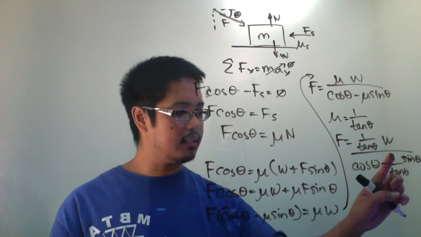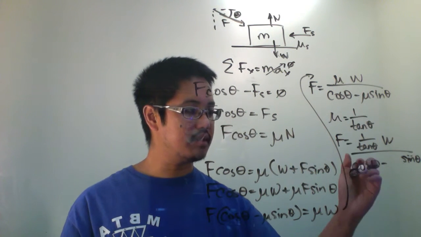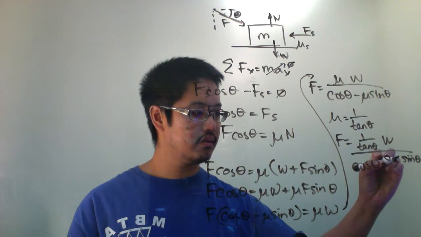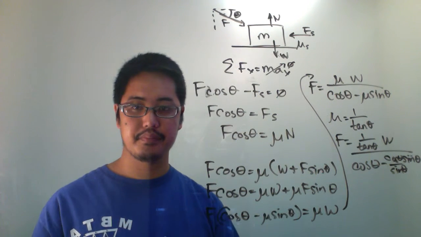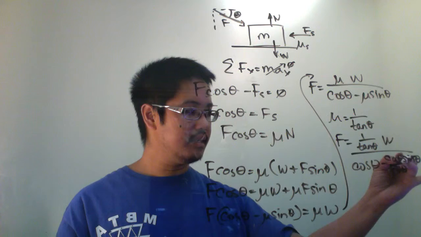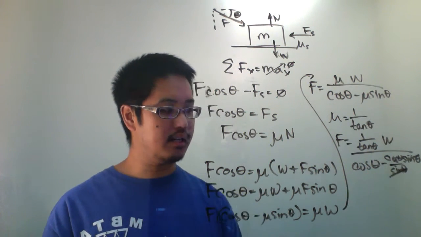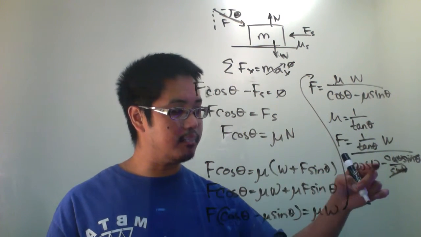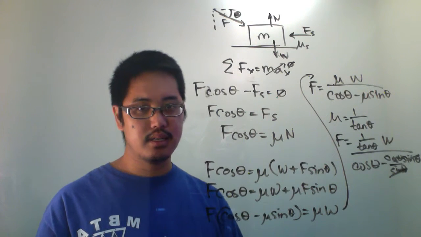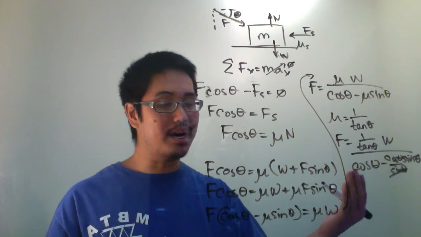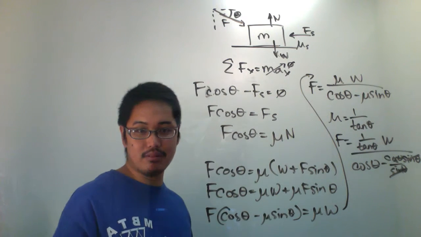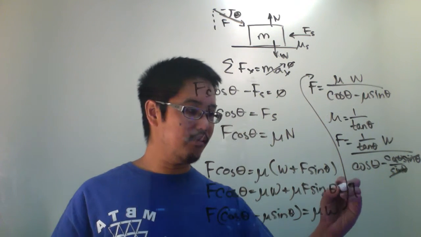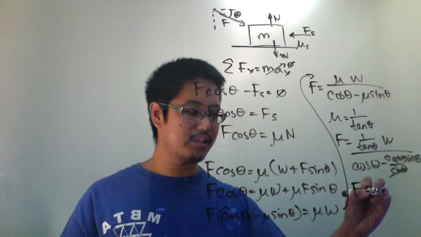One over tan theta is the same as cosine theta over sine theta. Right? Yeah. This sine theta will cancel out with that sine theta, and on the bottom I have cosine theta minus cosine theta. It doesn't matter what the top is, because on the bottom I have cosine theta minus cosine theta, which is 0. I'm dividing by 0. So my force is undefined.